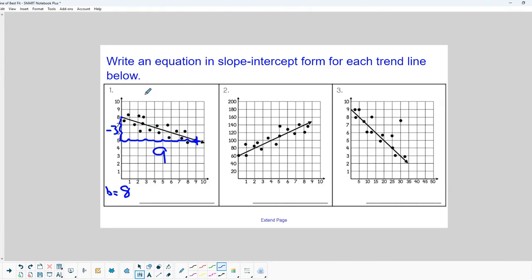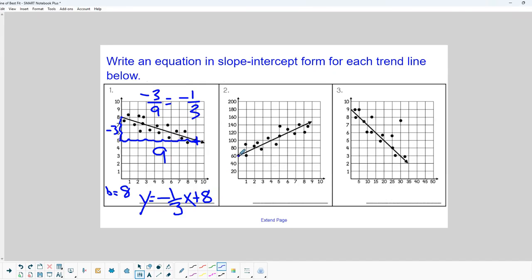Our rise over run is negative 3/9, which simplifies to be negative 1/3. So let's write our line of best fit equation. y equals negative 1/3 x plus 8. There we go.